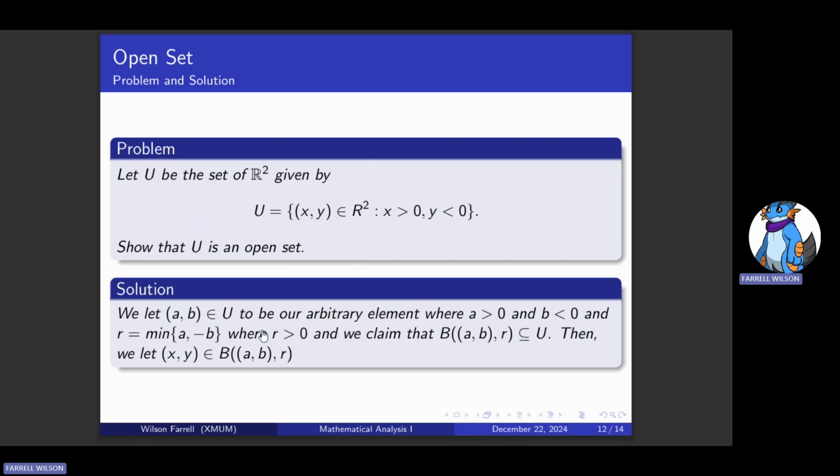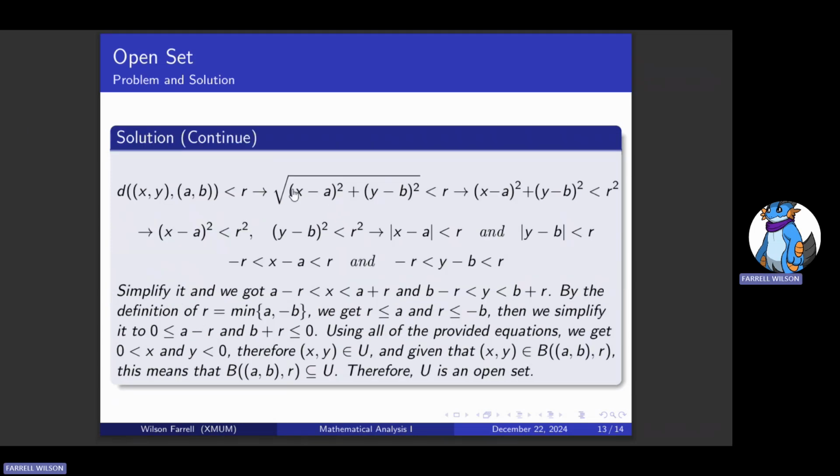Then we let (x, y) be in B((a, b), r). Calculating through this, we get negative r less than x minus a, which is less than r, and negative r less than y minus b, which is less than r. We simplify all of this, and we get a minus r less than x, which is less than a plus r, and b minus r is less than y, which is less than b plus r.